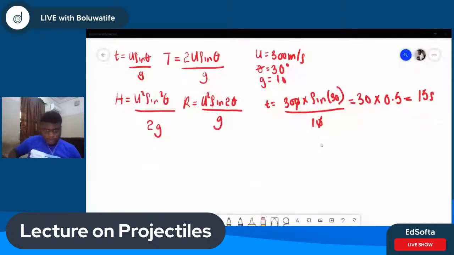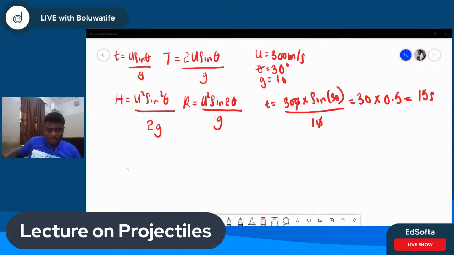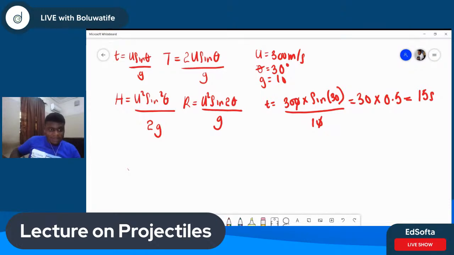Okay, so we're just going to solve it somewhere under here. So what are my parameters? I have height as what, 10 meters, right?